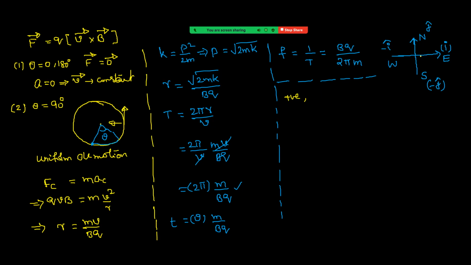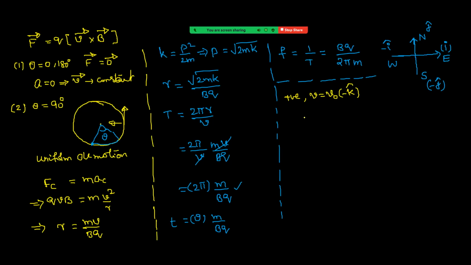So here we are taking east i cap, west minus i cap, north j cap, south minus j cap. Vertically up k cap, vertically down minus k cap. Now velocity, take it as v naught into minus k cap. Means it has velocity vertically down.